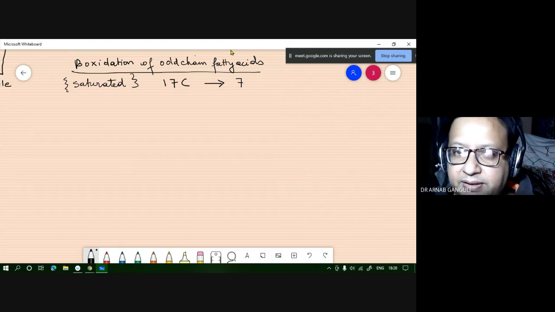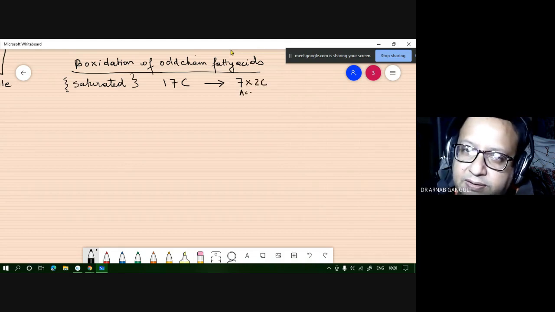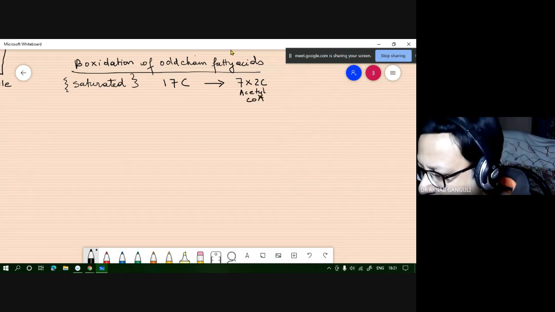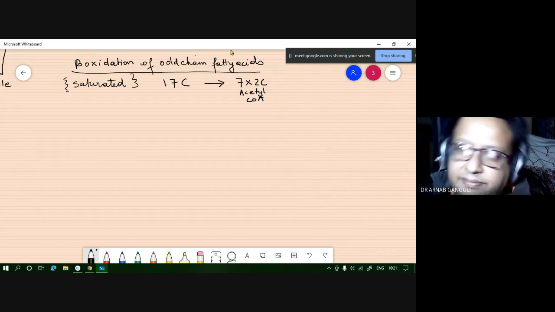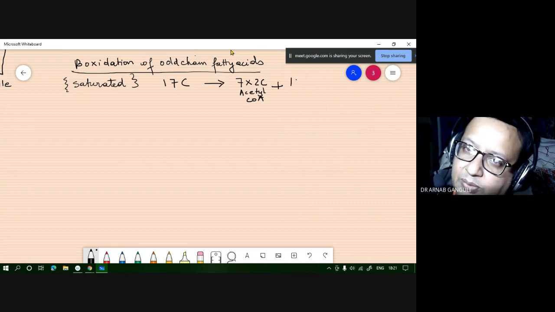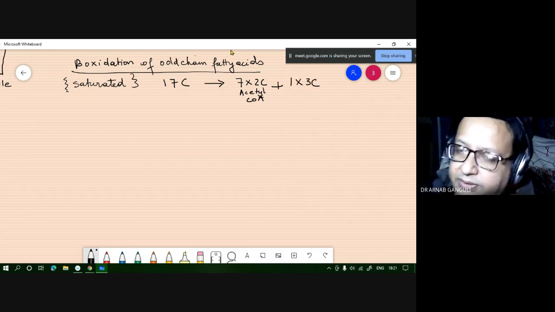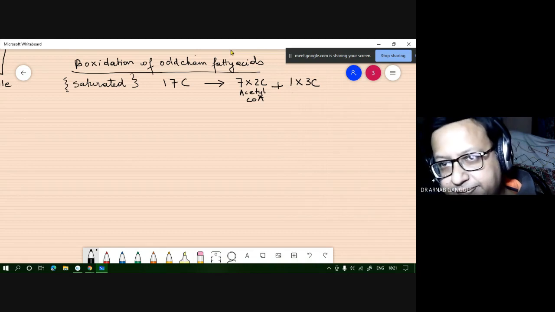7 into 2 carbon acetyl CoA plus 1 into 3 carbon propionyl CoA.